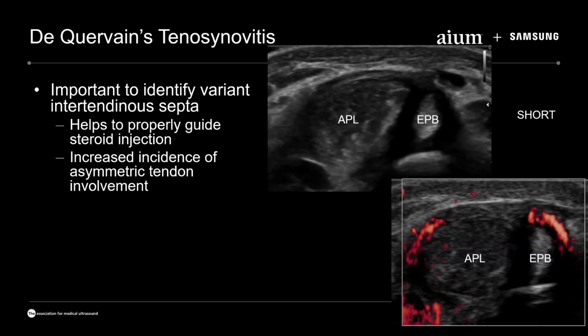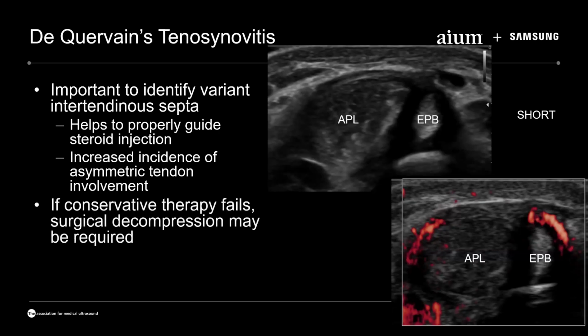And if steroid treatment does not help along with other conservative measures, then these patients may need to go on to surgical decompression, which is what happened with this patient, and that confirmed the presence of a septum. And the conservative therapy is also more likely to fail when a septum is present. So that's one of the roles of ultrasound, is to identify, is there a septum or not?